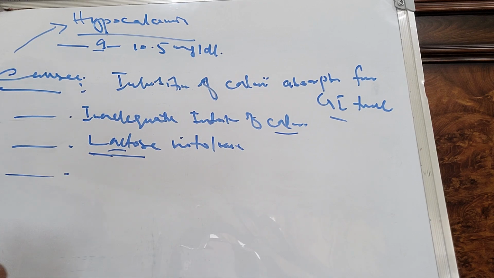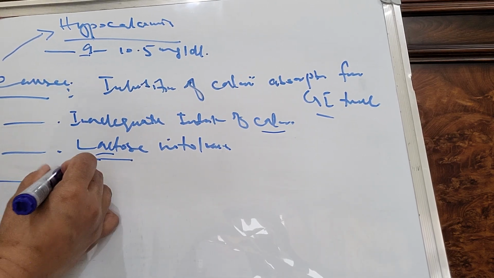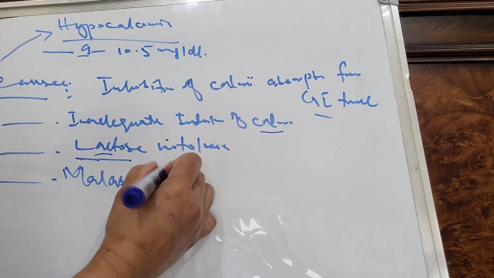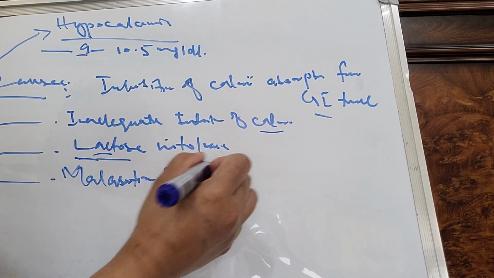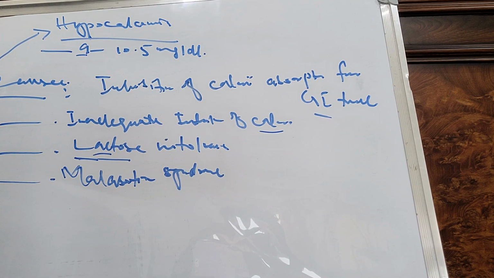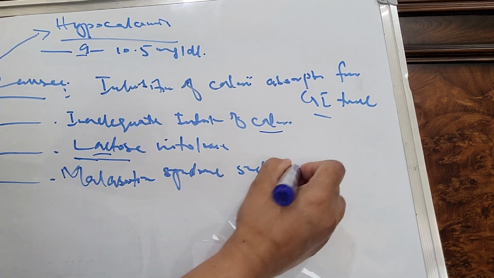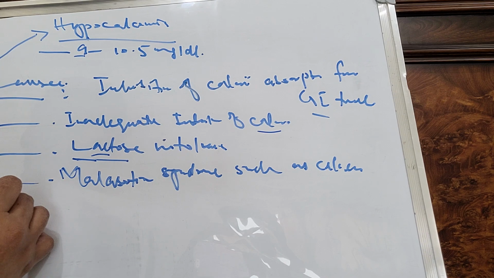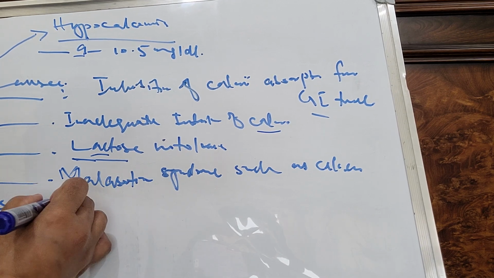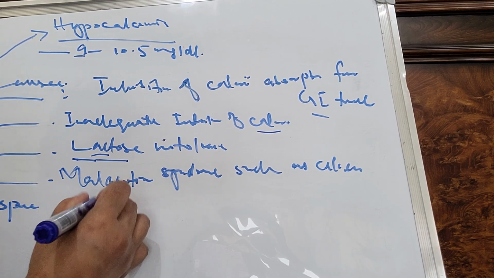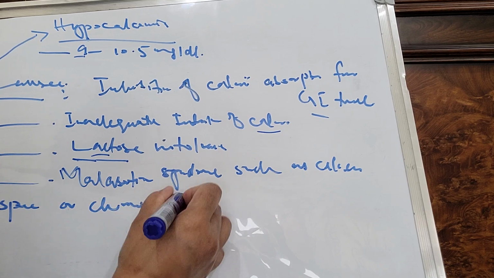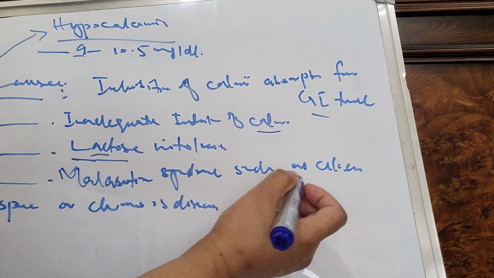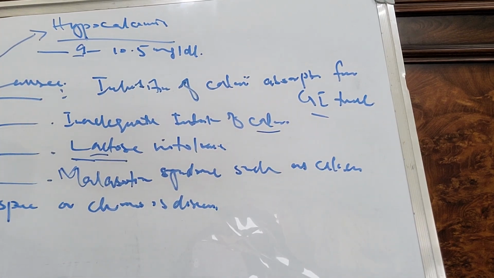Then the next is malabsorption syndrome, such as sprue or celiac disease, or Crohn's disease. First we will talk about celiac disease.